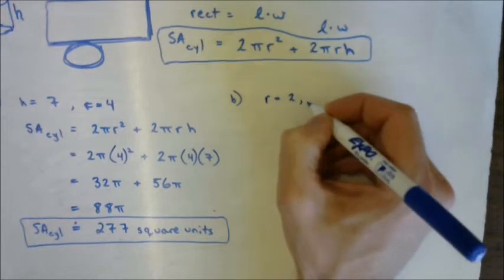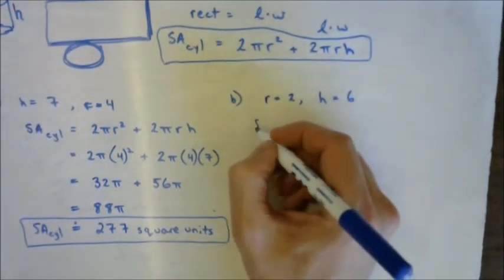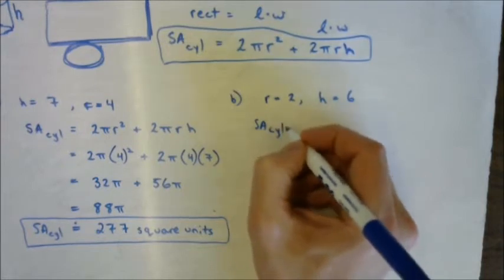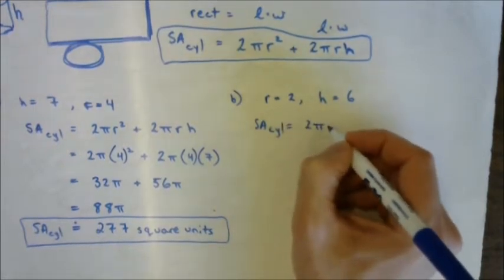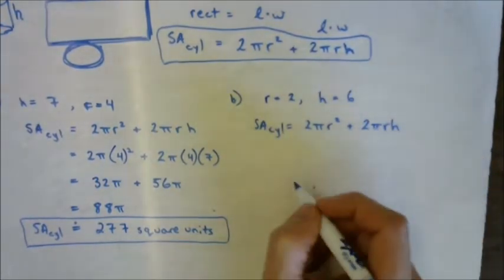Okay, the next one you have a radius of what? 2. And a height of? 6. So all you need to do is take your surface area for a cylinder, 2 pi r squared plus 2 pi r h.